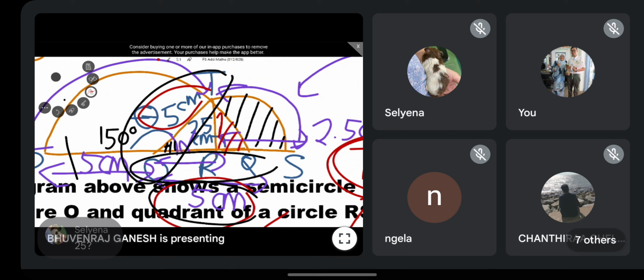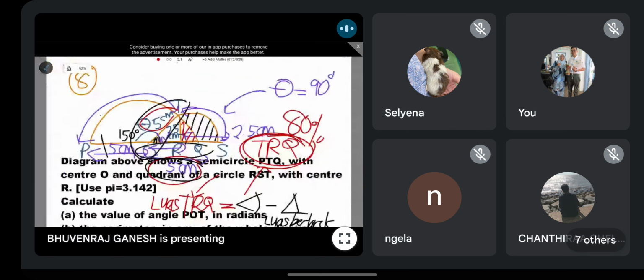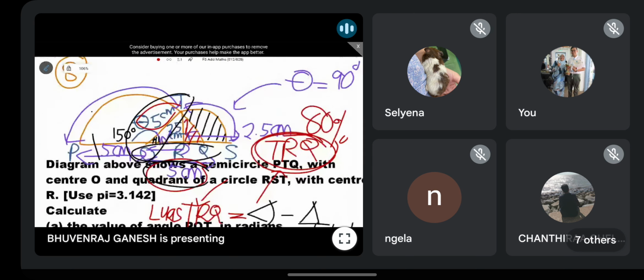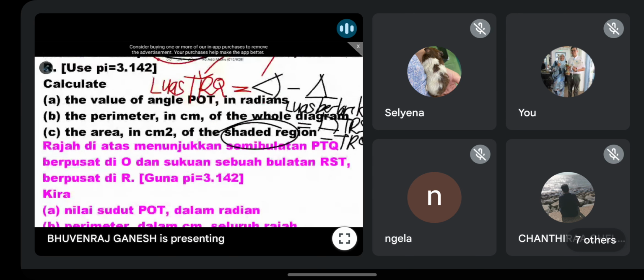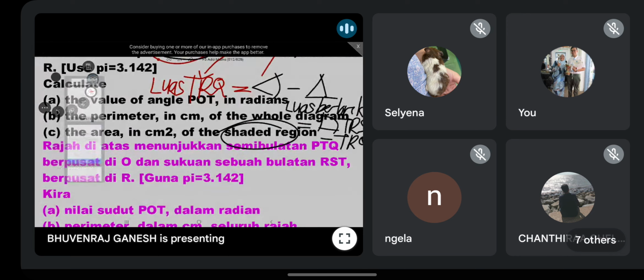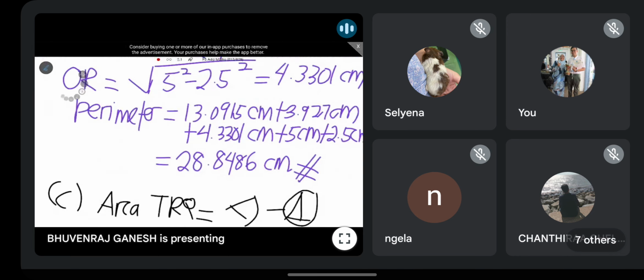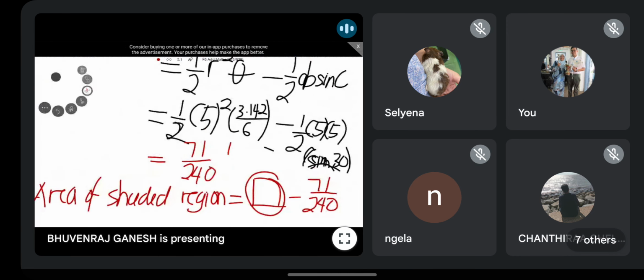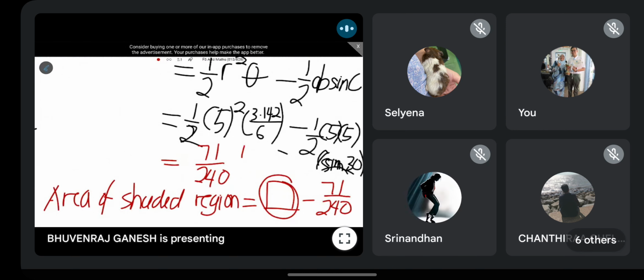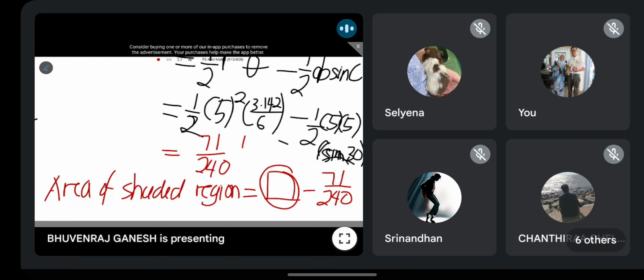Okay, sorry sebab diagram tak clear sangat. Okay, it's actually 2.5 cm. So, you can direct use 2.5 cm inside here. So, kamu boleh tulis sana. Okay, you will get.